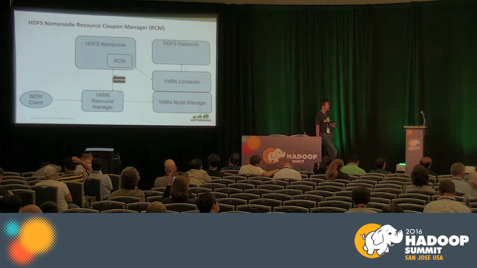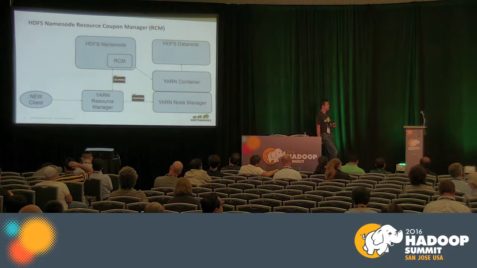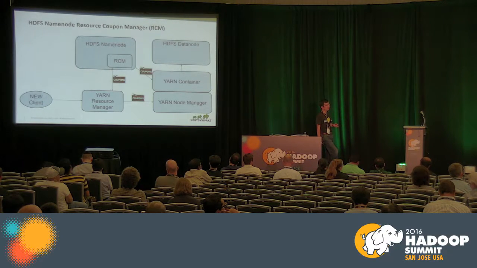And if the resource coupon manager grants it, the coupon can be serialized and sent out to the Yarn node manager. And node manager, when it starts the containers, the job can send RPC requests to the name node to, for example, get the block information, create, delete files on the HDFS namespace, and the resource coupon will be attached to the RPC request.